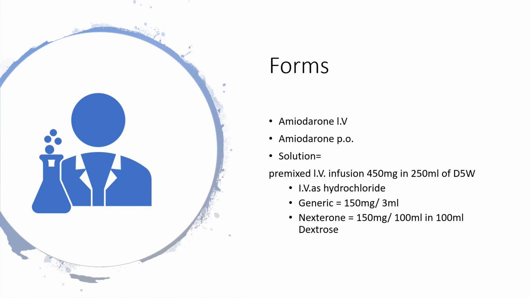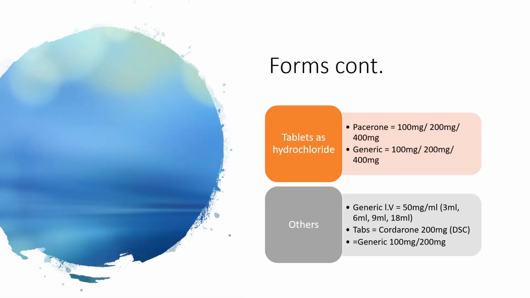It could also come in form of tablets as hydrochloride, and here we'll have Pasirone as 100 milligram, 200 milligram, or 400 milligram tablets, or generic as 100 milligram, 200 milligram, or 400 milligram tablet.